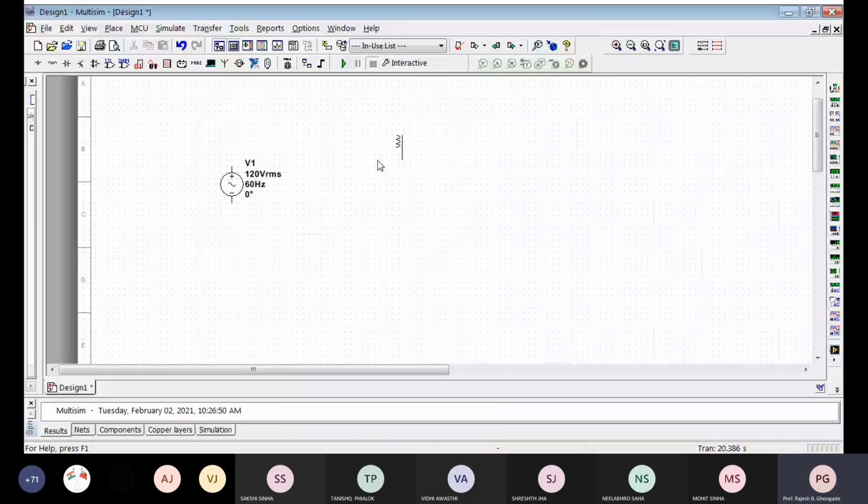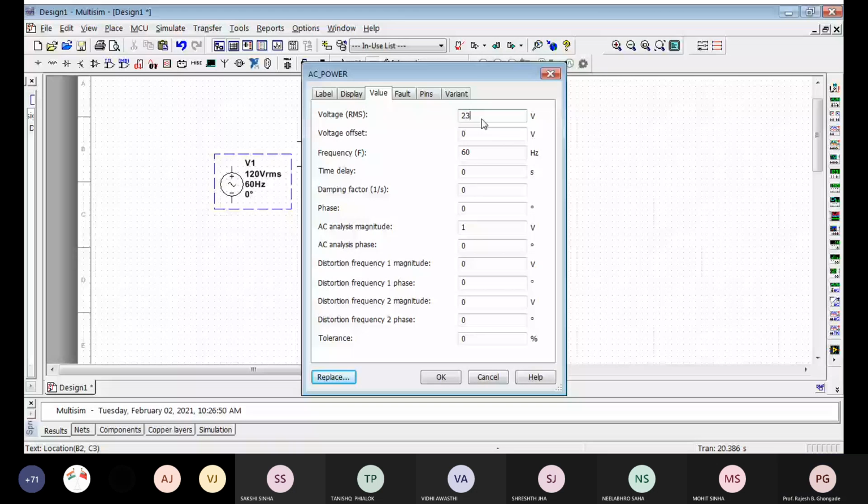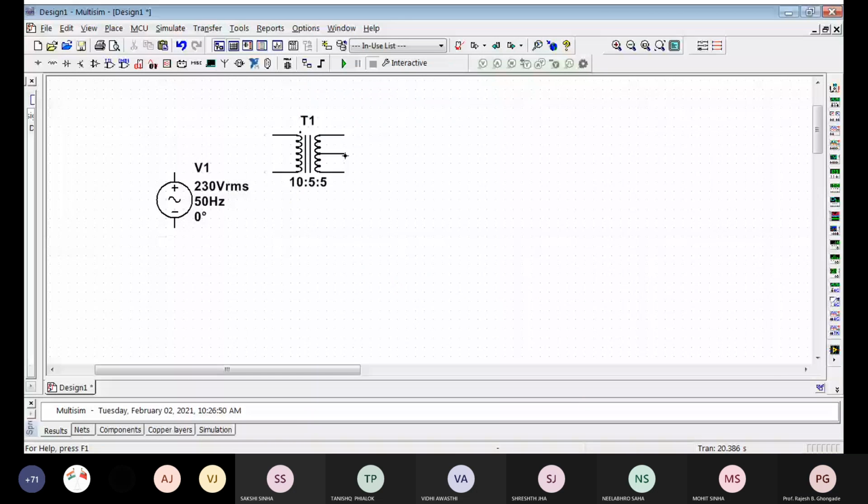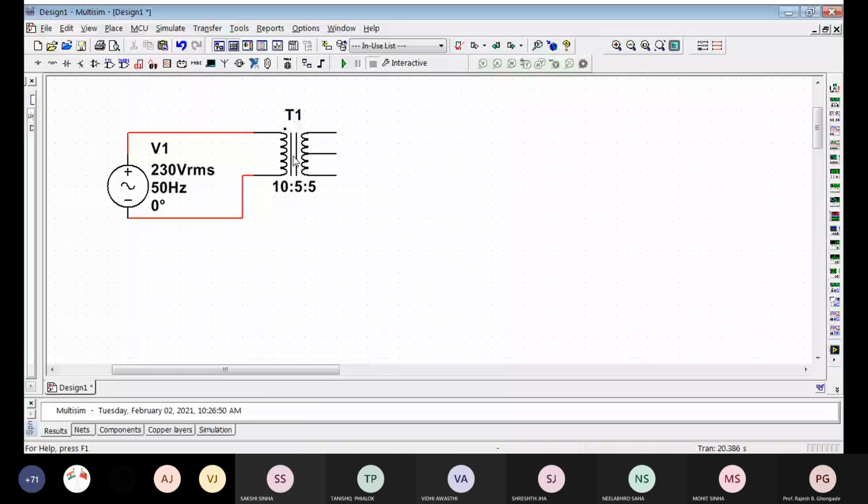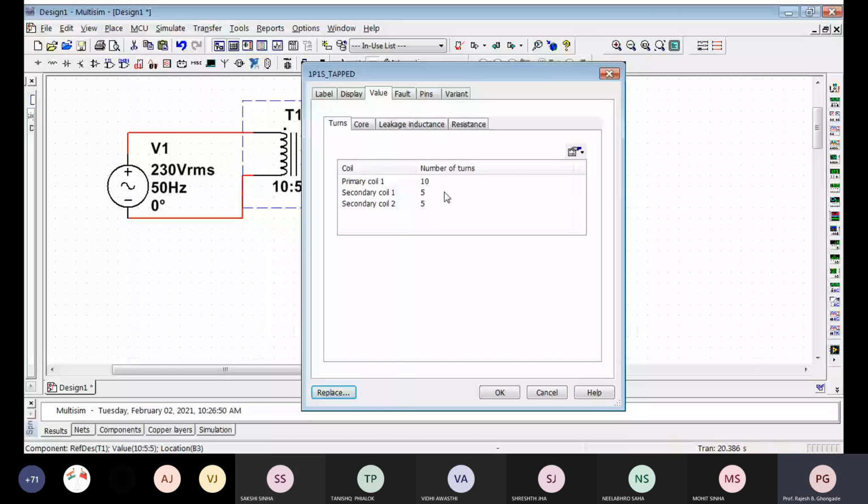Of course, I have to set this source to 230 volts and 50 hertz. This is one way of doing it. Whatever voltage I get over here, with the secondary coil and primary coil, I can definitely choose the turns ratio here.